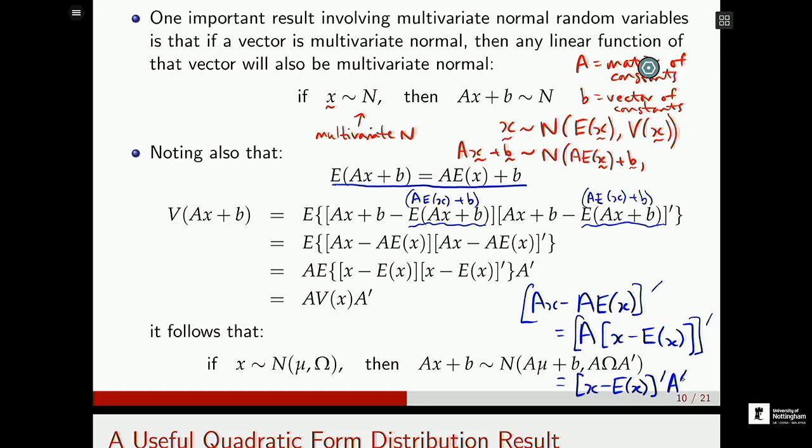So in the second part, when we take the transpose through, the A transpose is going to come to the back, and because it's a matrix of constants, it can come outside the expectation as well. So the A transpose sits right out at the right-hand edge, and the x minus its mean transposed all stays inside the expectation with the curly brackets.